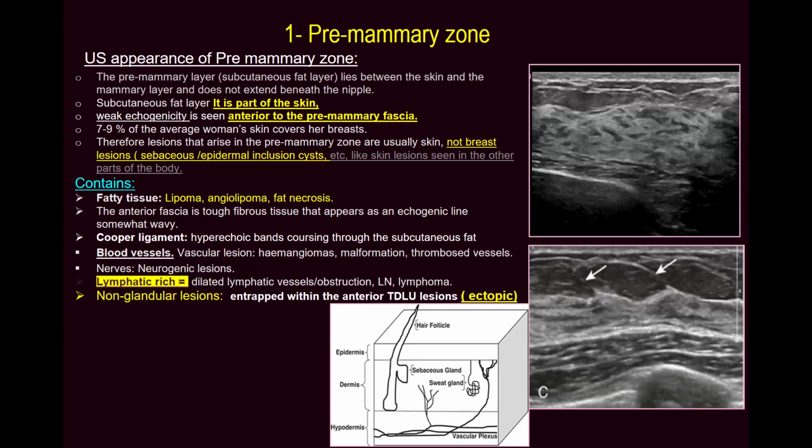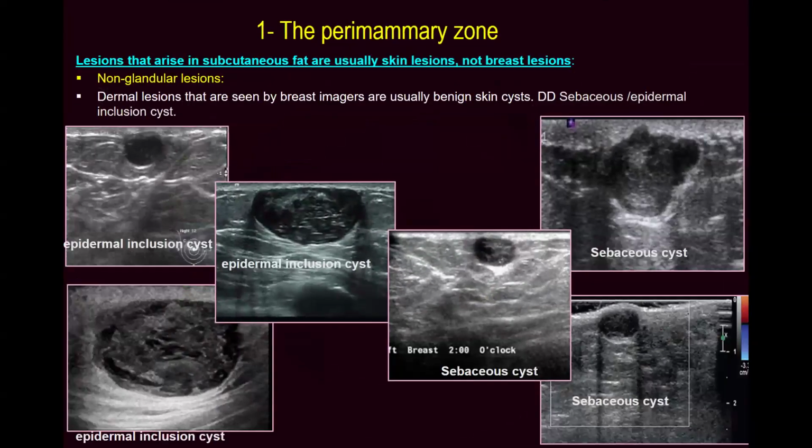It is rich in lymphatics, as mentioned earlier, and contains Cooper ligaments, blood vessels, and nerves. We will also discuss later that it might contain something I am not going to tell you now because I will ask you about it.